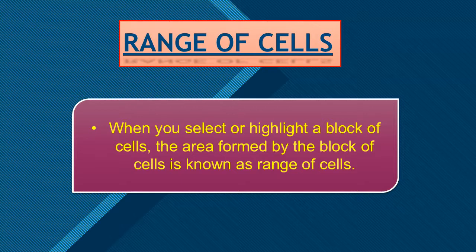You can cut, copy and move the range of cells according to your own choice. The name box in the left of the formula bar displays the name of the topmost and the leftmost cell of the currently selected range. Clear? So this was the topic of range of cells.